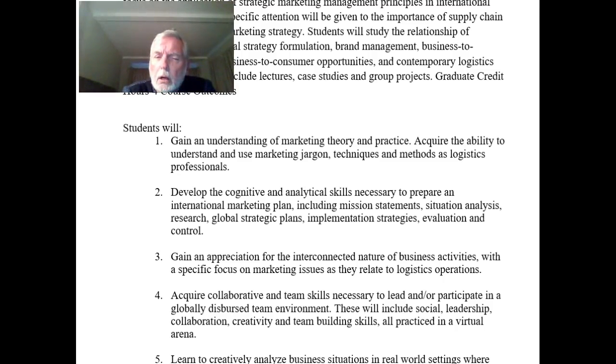The fourth item here in these outcomes is more of a soft skill, and I assume that many of you have developed this in your professional careers, or you've seen this in some of your courses in the online program. It's about getting those skills necessary to lead and or participate in a globally dispersed team.